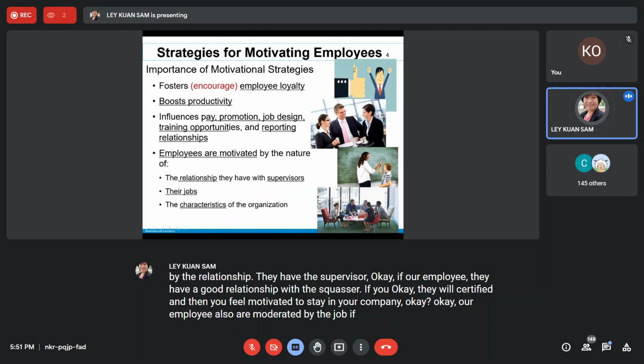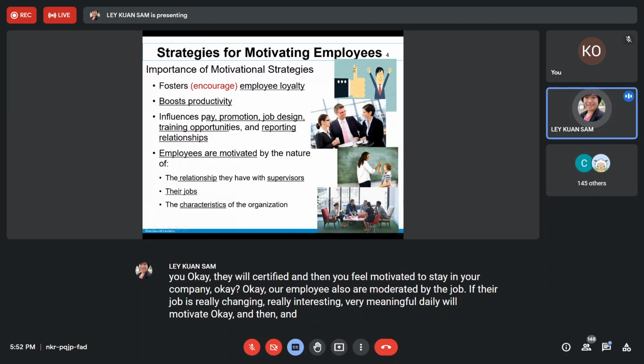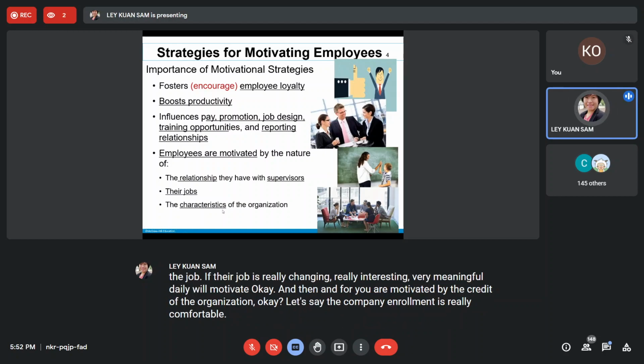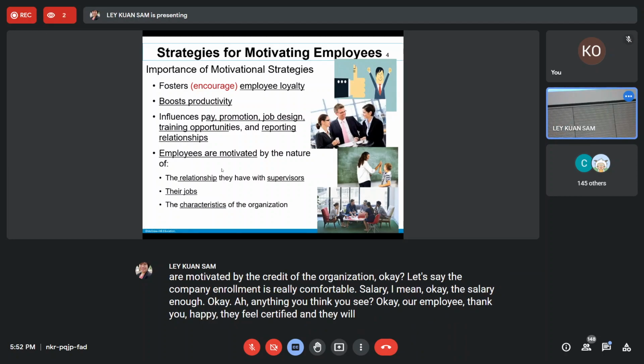If their job is very challenging, interesting, and meaningful, they will be motivated. And employees are motivated by the characteristics of the organization. Let's say the company environment is very comfortable and the salary is enough, they will stay.